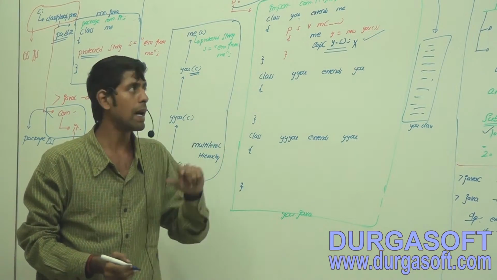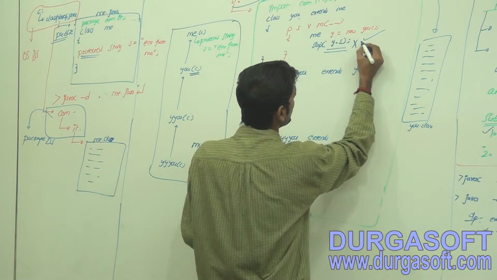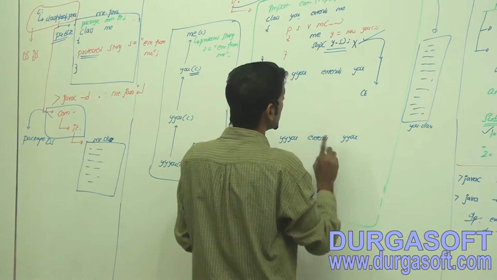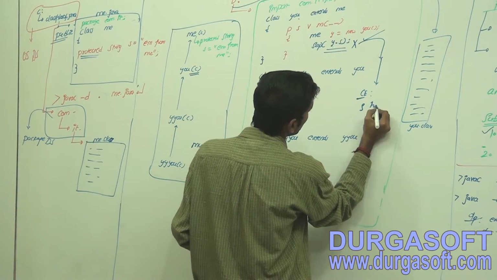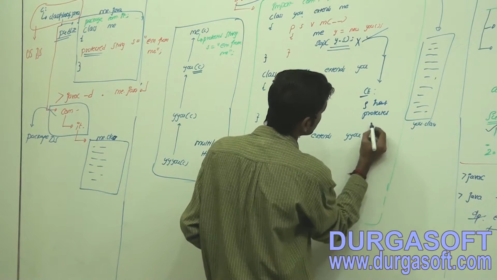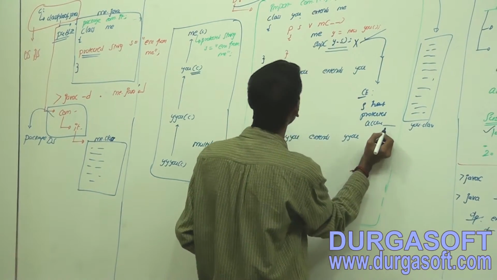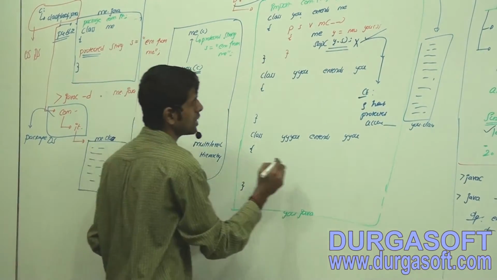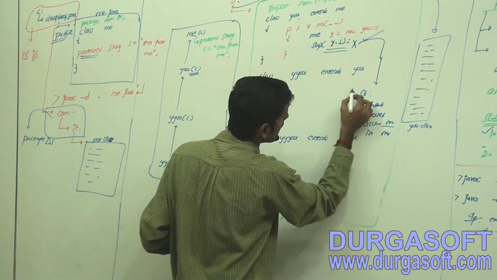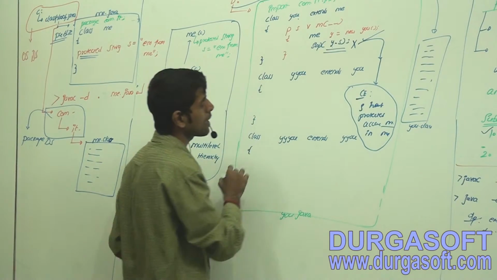It will give a compile time error: s has protected access in Me.